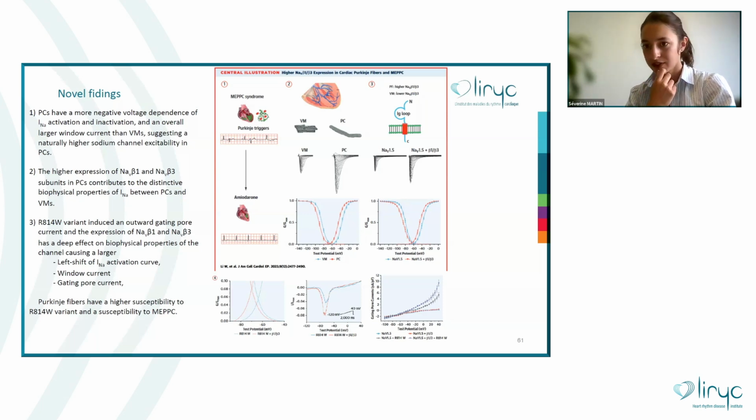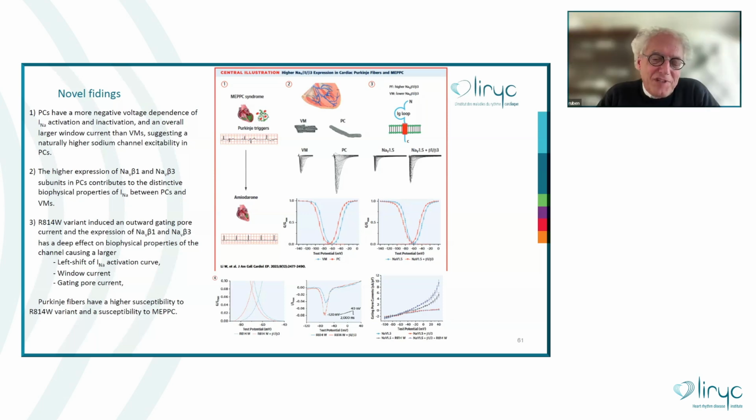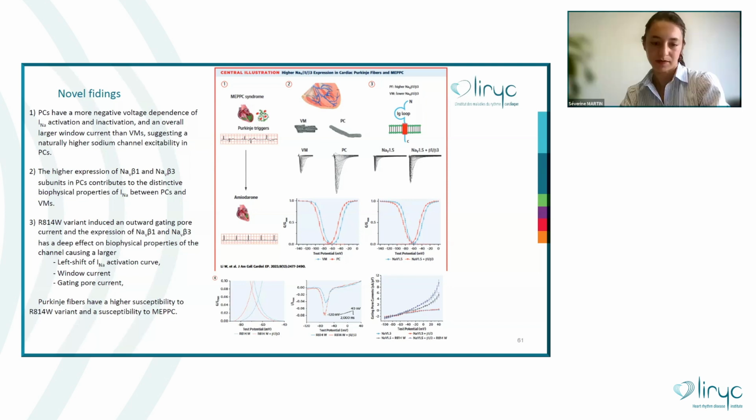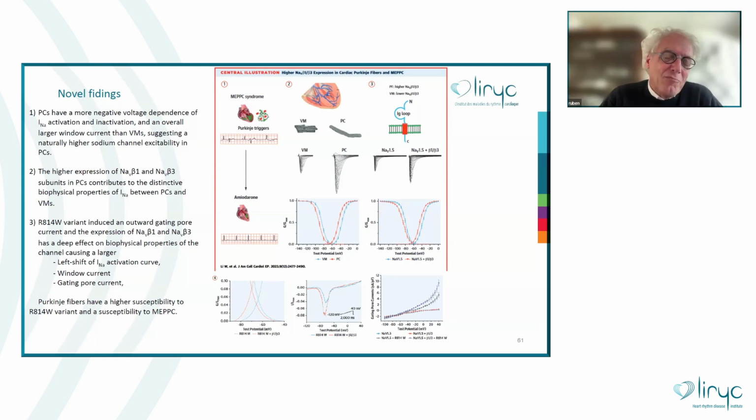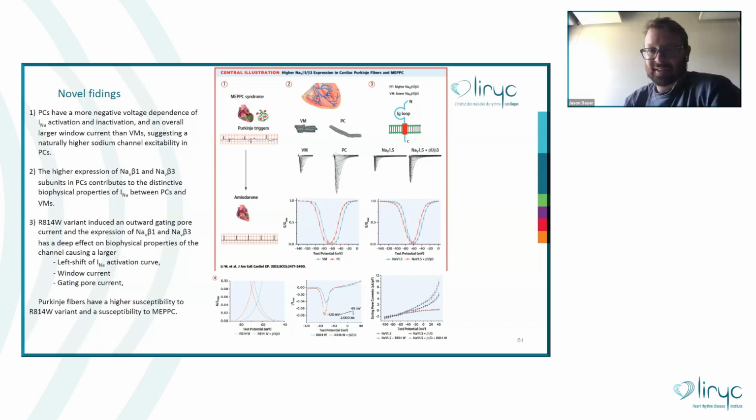I'm not sure, no. I think what Jason means is that if you look at the figure with the window currents, you would be able to pace the red cell with a larger window current with less current intensity than the blue one or the green one. Is that what you mean? Yes, exactly.